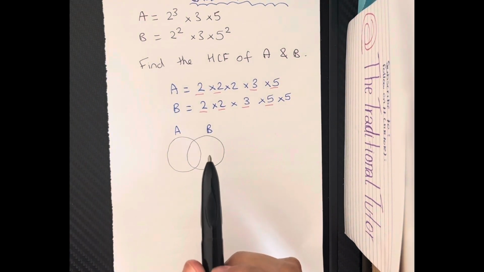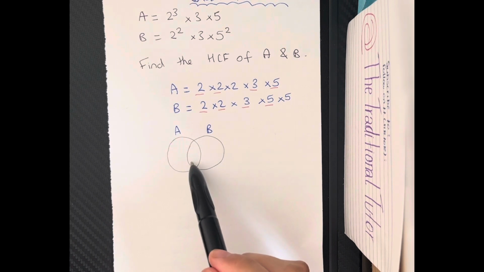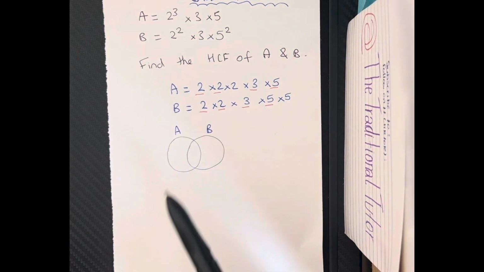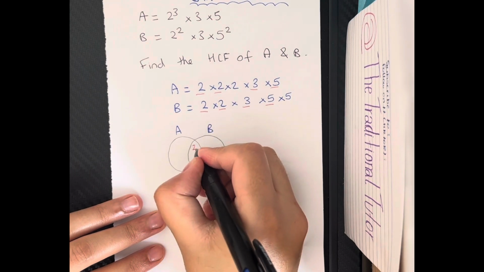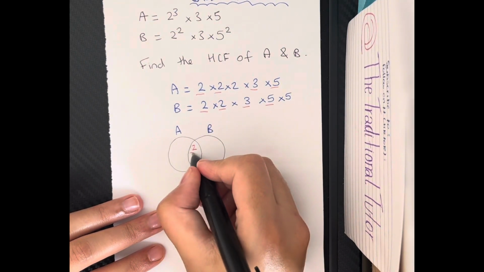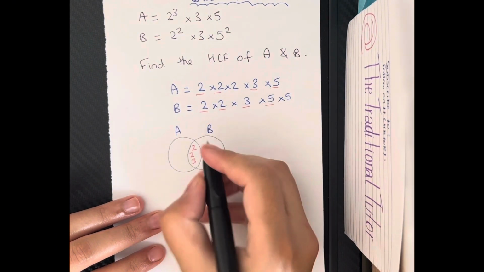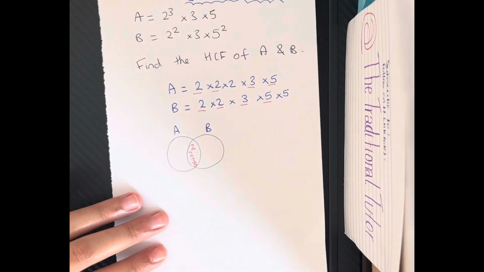If you remember, the HCF meant that we're just looking at the middle of our Venn diagram. So we'll go ahead and fill the middle section in with what is common in A and B, basically what we've underlined with our red pen. So I know I've got one set of 2, so I'll put that in. Another set of 2, one set of 3, and also one set of 5. So I'll squeeze that in there.